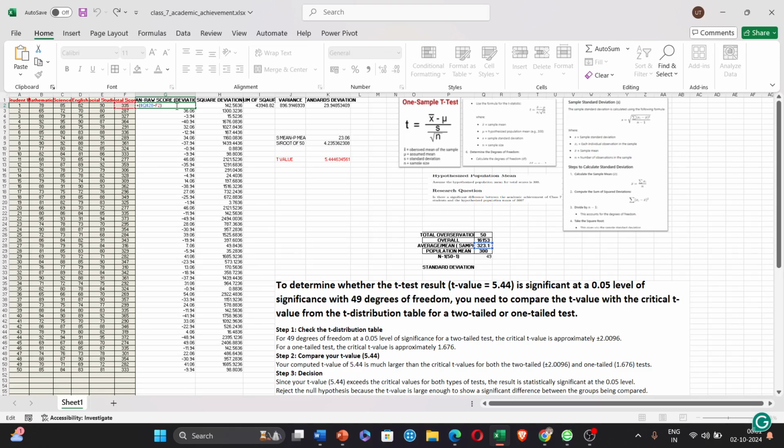Okay, there is some mistake. Let me see where the mistake is. Raw score minus mean. This is my mean. Okay, now back to the other side.